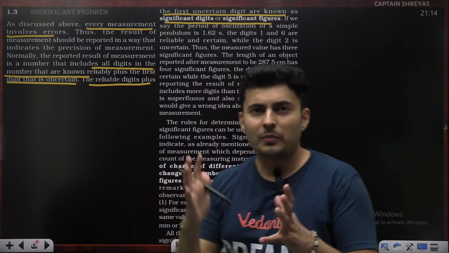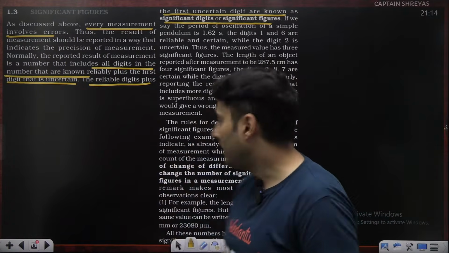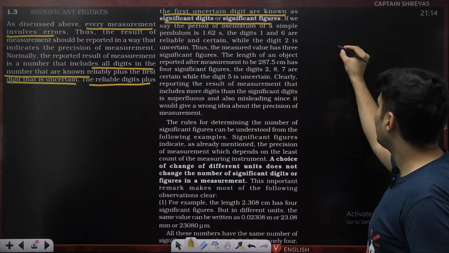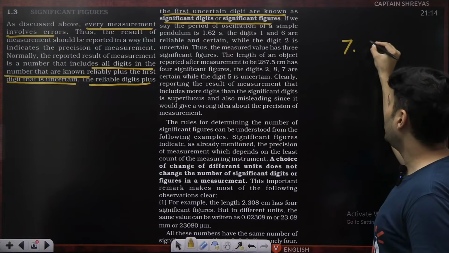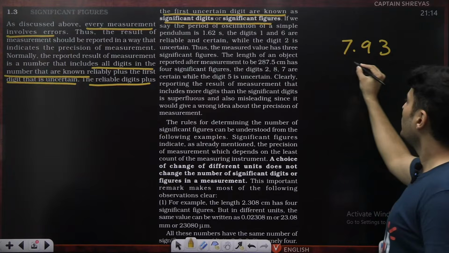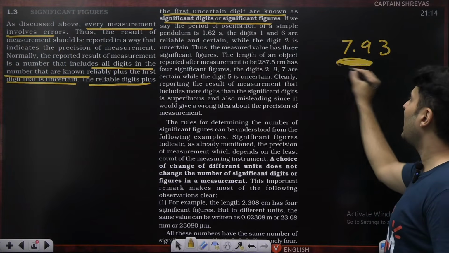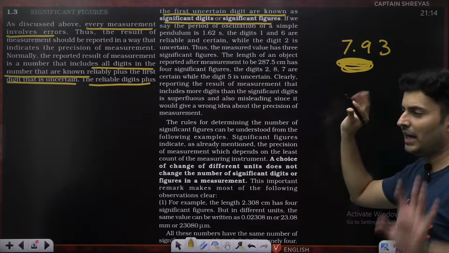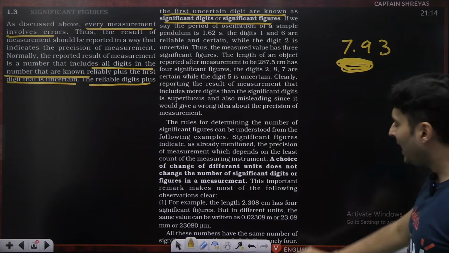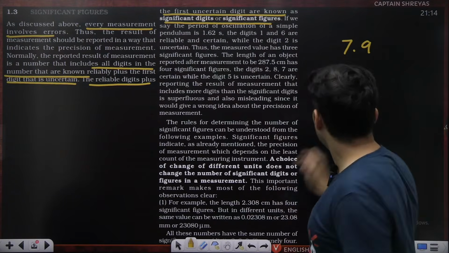Whenever you write a measured value, let's say for example, the length is 7.93, you always include the reliable ones, 7.9 for sure. This 3 might be a little bit dicey.